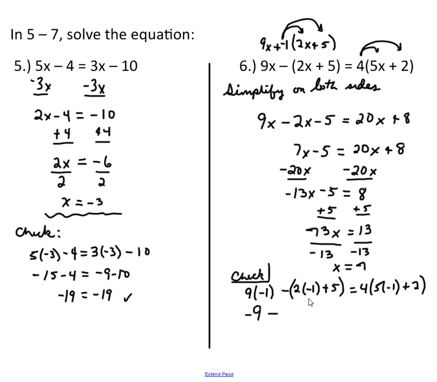So let's see, there's negative 9 minus, let's see, 2 times negative 1 plus 5. That's negative 2 plus 5. And over here, 4 times negative 5 plus 2.